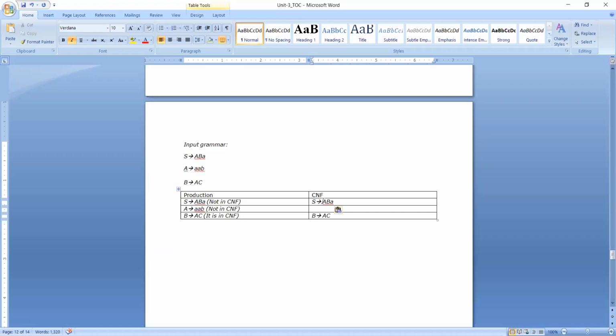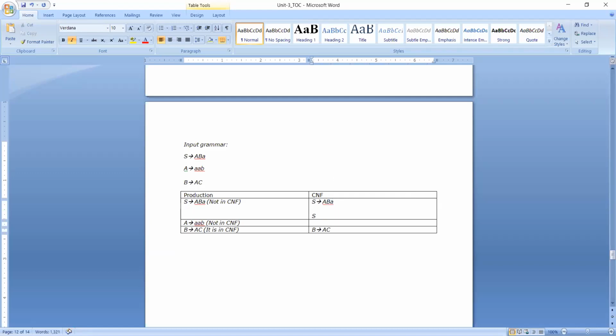So how am I going to do that? This A will remain as it is, and in the place of BA, I am going to introduce a new variable called Z1. You can see here, S derives to capital A Z1.